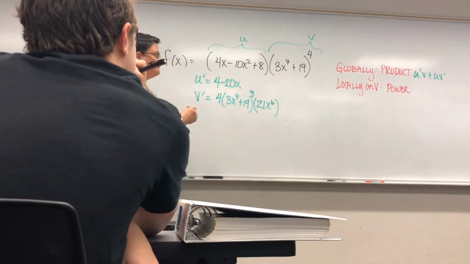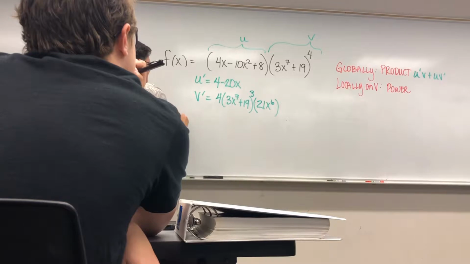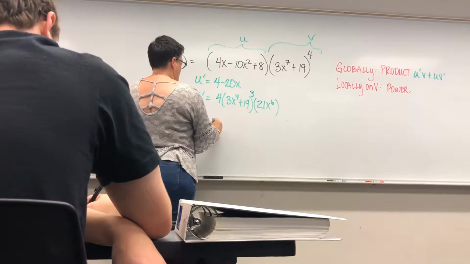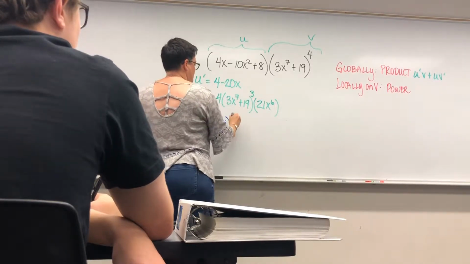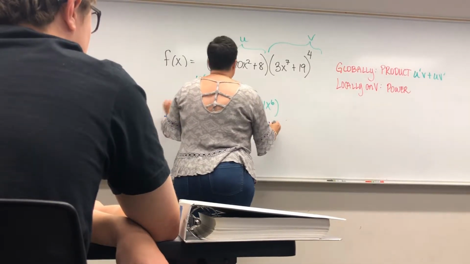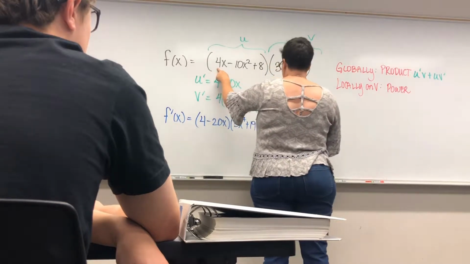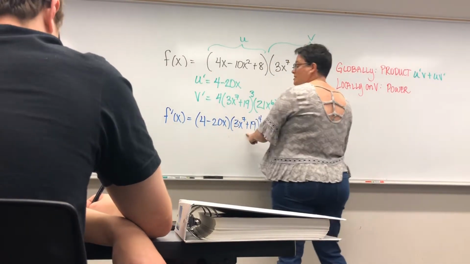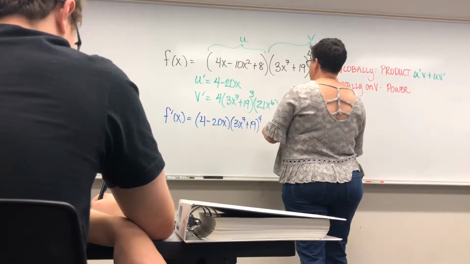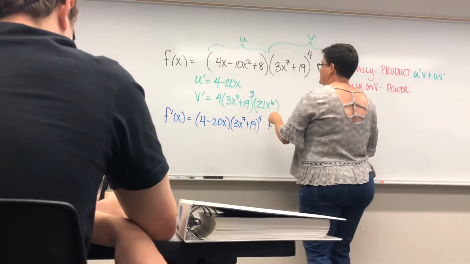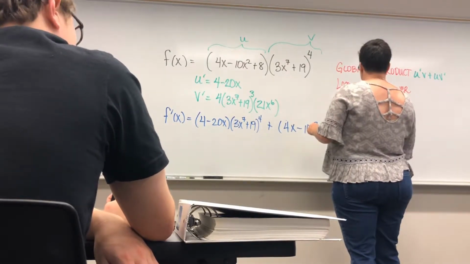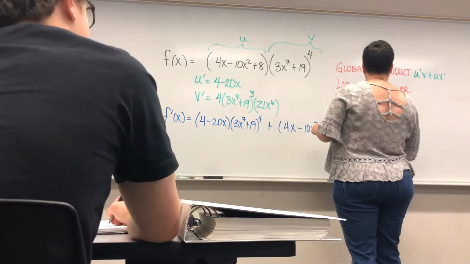You guys ready? So f prime is going to use the product rule. So u prime comes first: 4 minus 20x times v, which was 3x to the 7 plus 19, all to the 4th power, plus u, 4x minus 10x squared plus 8, times v prime, which is 4 times 3x to the 7 plus 19 to the 3rd times 21x to the 6th.